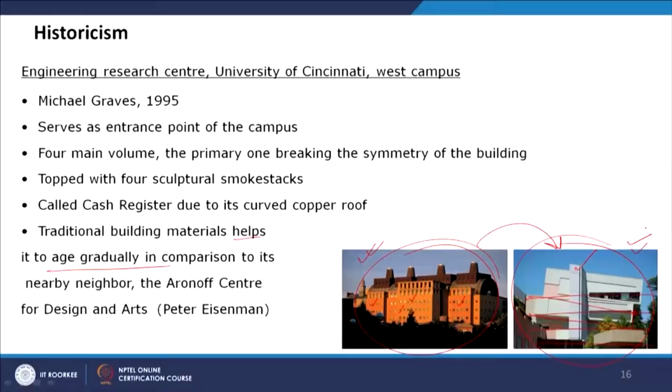So in the postmodern movement there are different ways of doing ornamentation within the same campus. The way Peter Eisenman designs a building and the way Michael Graves designs a building are very different. In Peter Eisenman's case, the building tries to look futuristic, and in the other case it takes a historic depiction.